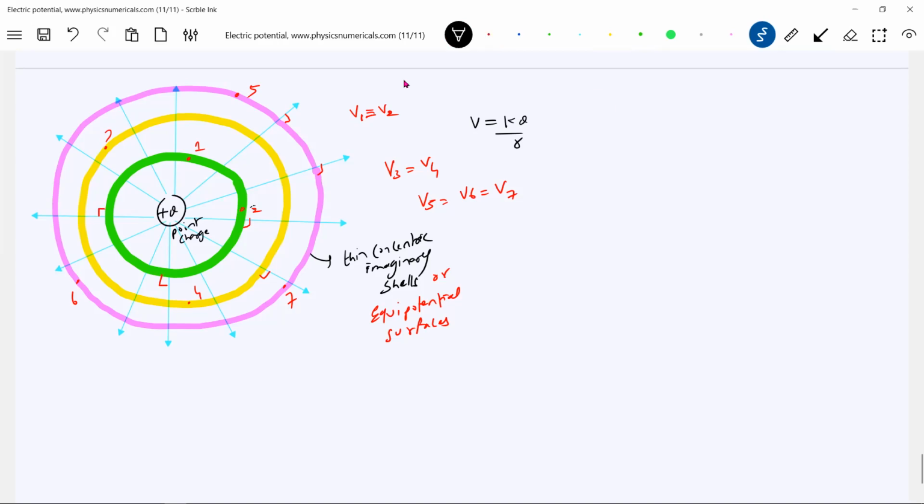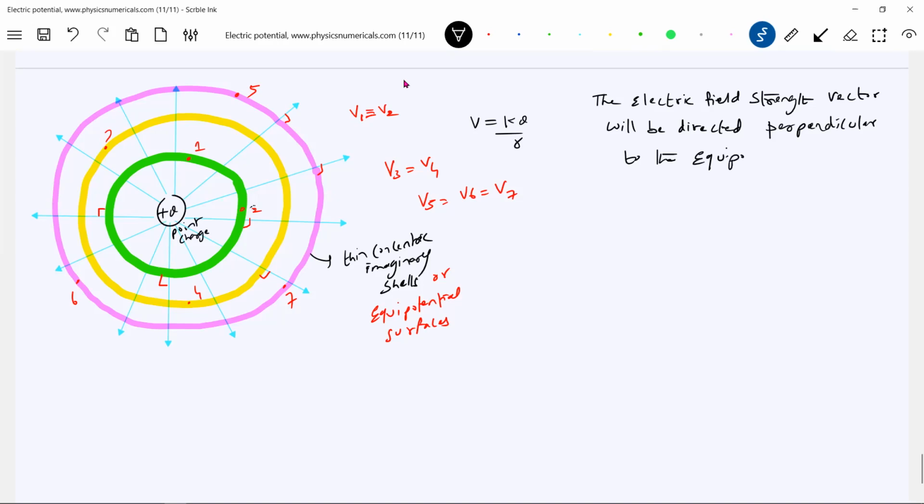So the electric field vector will be directed normal, or perpendicular, to the equipotential surface. It's a basic condition.